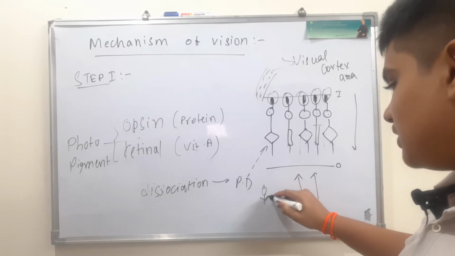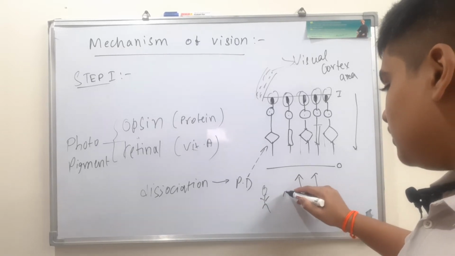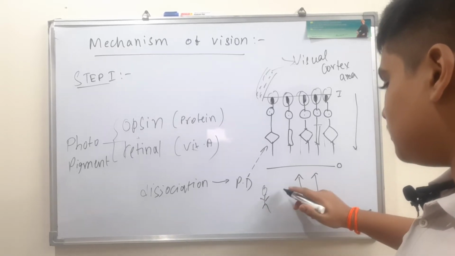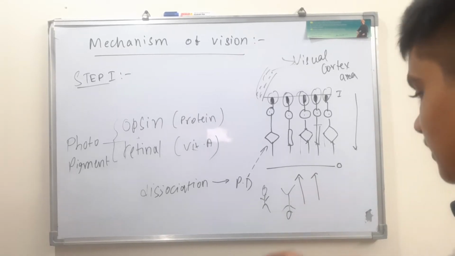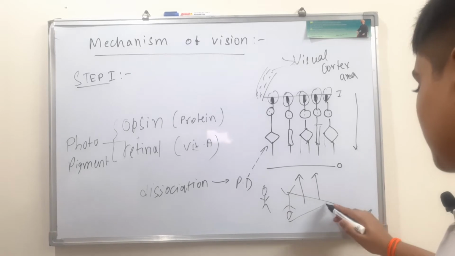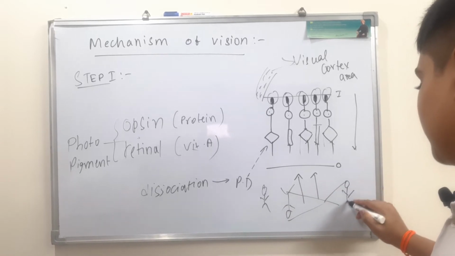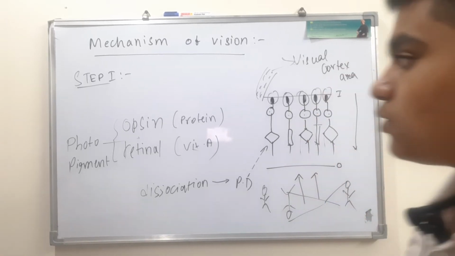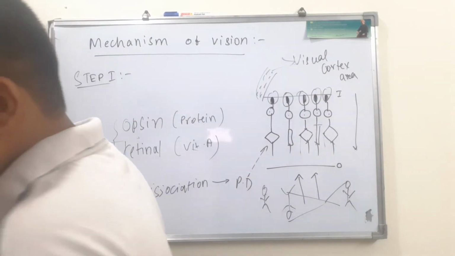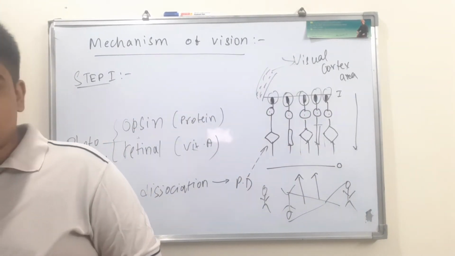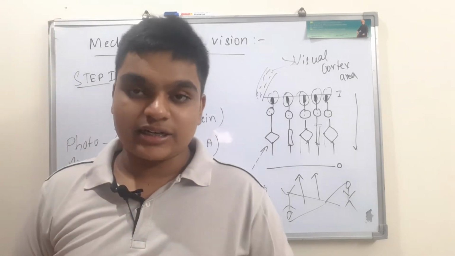If a man is standing outside like this, he appears like this on the retina. An inverted image is formed. In the brain, this inverted image is again decoded, and an erect image is formed in the visual cortex area. This is how the mechanism of vision takes place, and that is how we are able to see. Okay guys, is it clear? Yes.